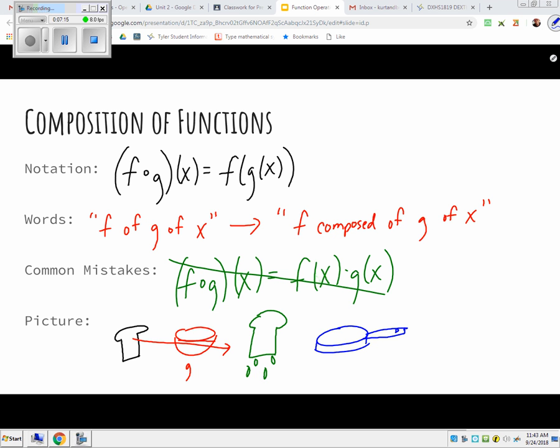And so I throw the bread into the skillet, cook it, and then boom, out pops French toast. Delicious French toast. I love French toast, one of my favorite breakfast foods. And so me throwing it in the skillet right here would be my f function. What I'm looking for is a way to bypass the eggs and the skillet and just get straight to French toast. So it's some machine that I can throw it in. Let's just put a box up here for my machine. I throw it into that machine and it comes out French toast.